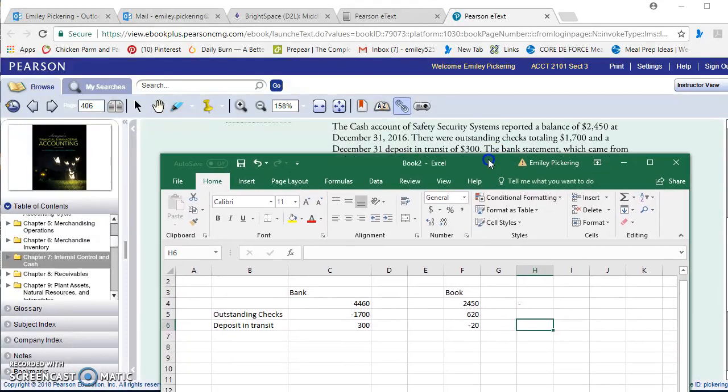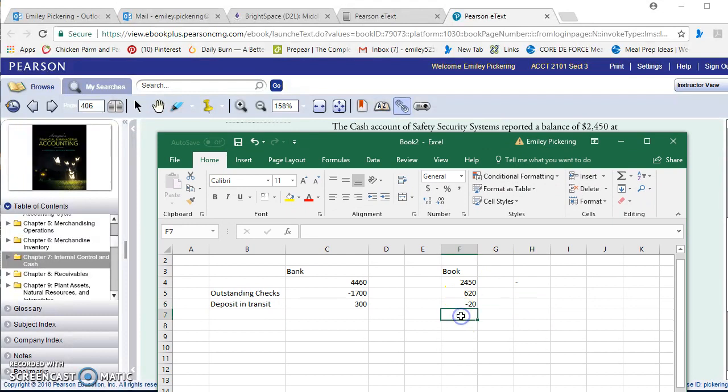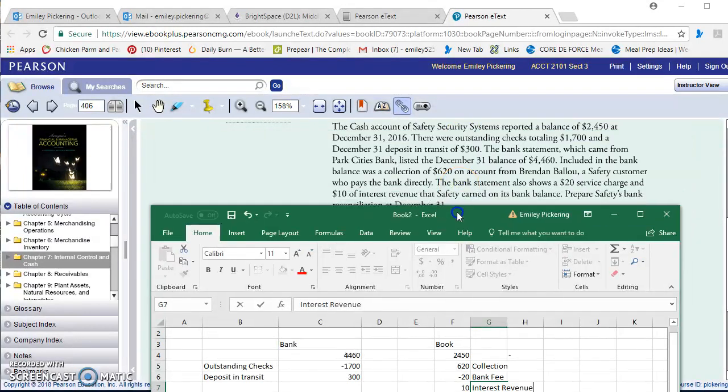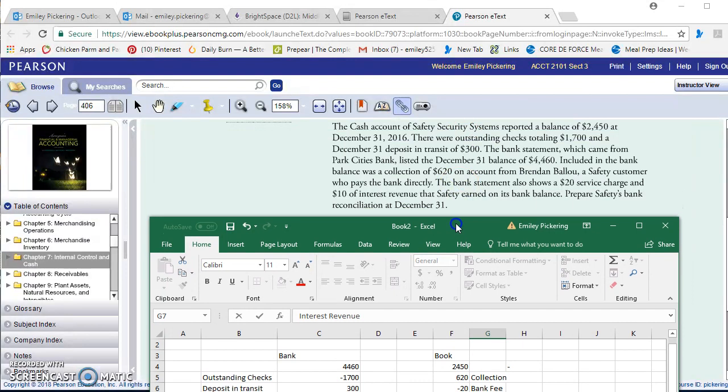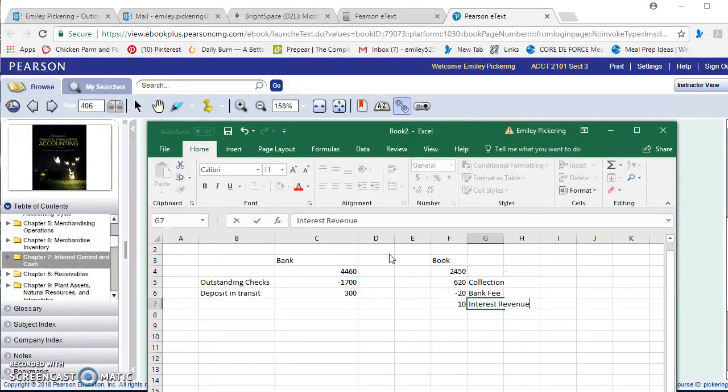And $10 of interest income. So I'm going to add that. So I'll say this is a collection. This is a bank fee. This is interest revenue. And it looks like that's it.